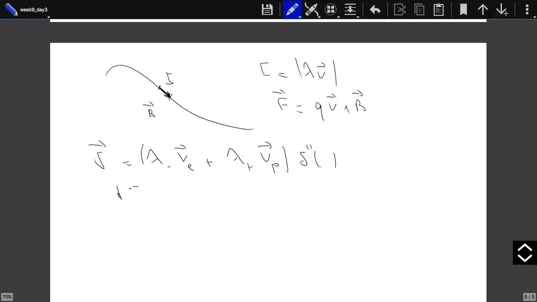So dF is Qi V cross B. This is the force acting on a single one. So if you just sum over all the charges in your wire, this will be basically the total force acting on that very small segment of the wire.